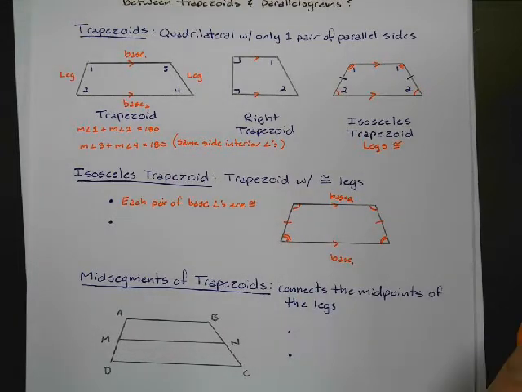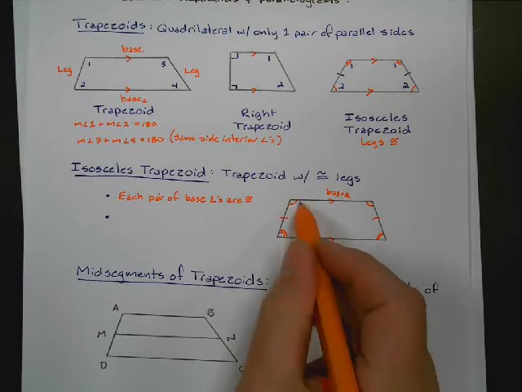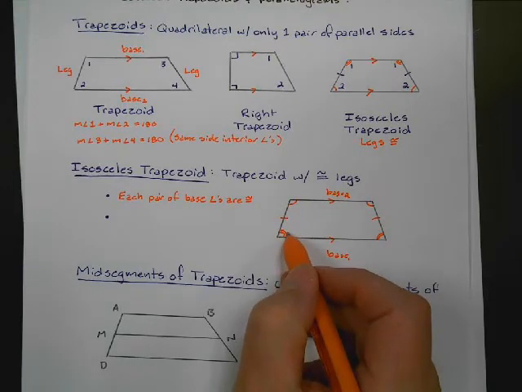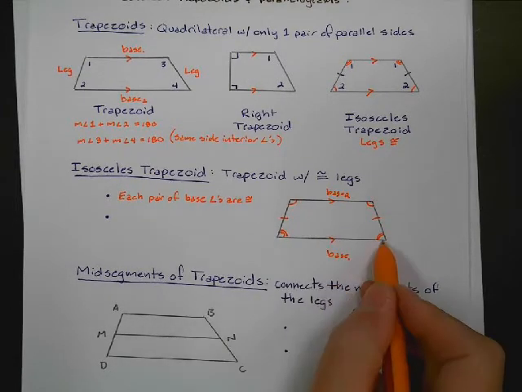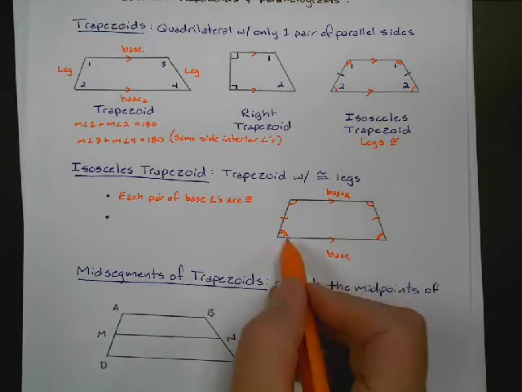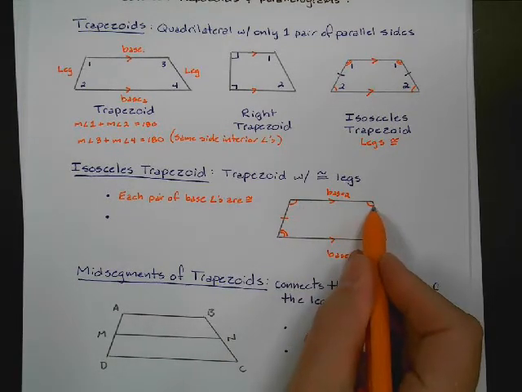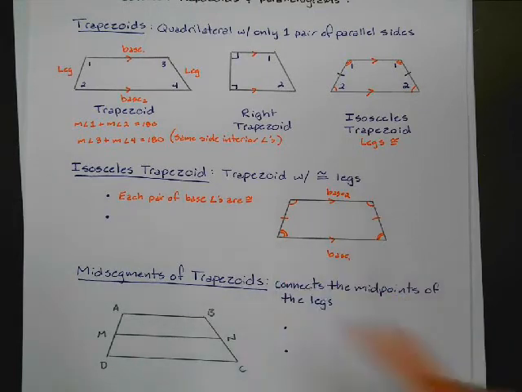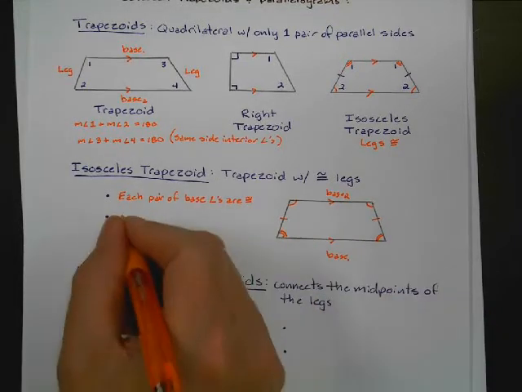So what we would expect to see here is that these are still going to add up to 180 degrees because of same side interior angles. But now, in addition to that, these two are the same and these two are the same. So if this is 70 and this is 70, this would be 110 and this would be 110 because they have to be supplementary same side interior angles. The other thing that becomes true is the diagonals are congruent to each other.